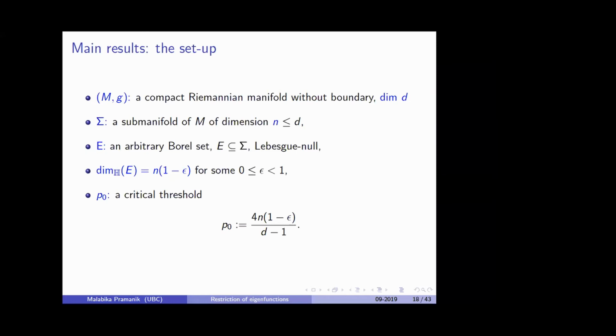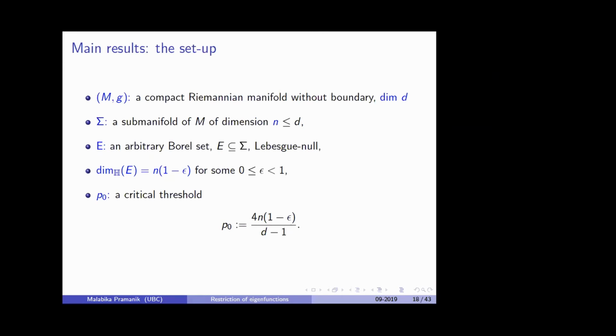But if we move away from the set E and we just focus on some measure, then the alpha is the exponent that is associated with the ball condition. If nu is the right measure for E, meaning it's right in the sense that it realizes Frostman's lemma, then that alpha becomes n times 1 minus epsilon.